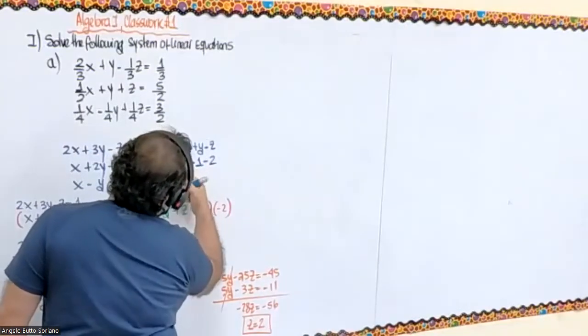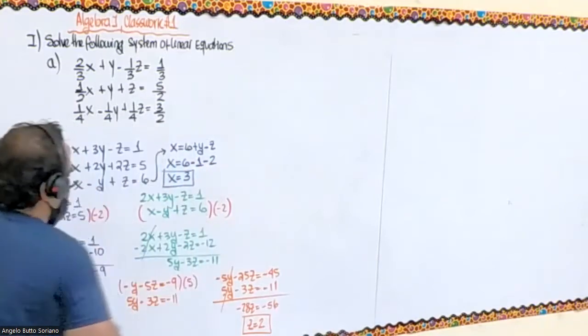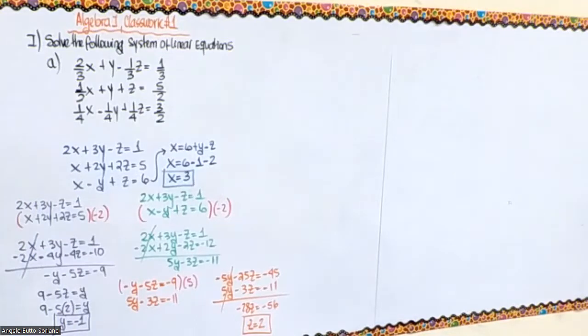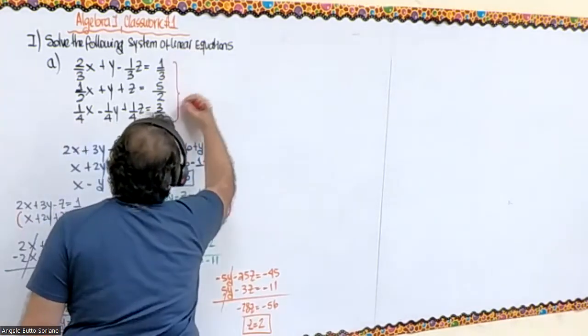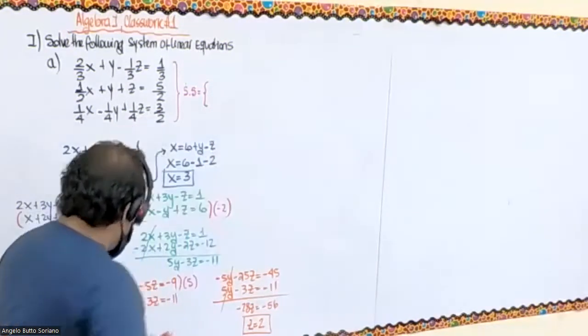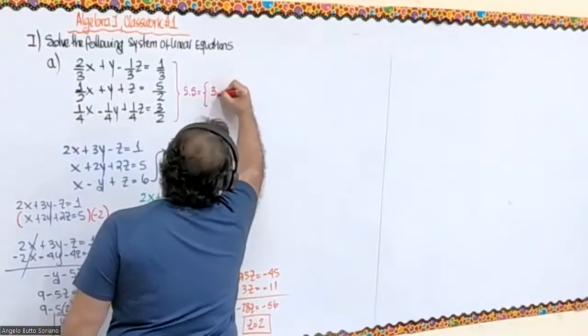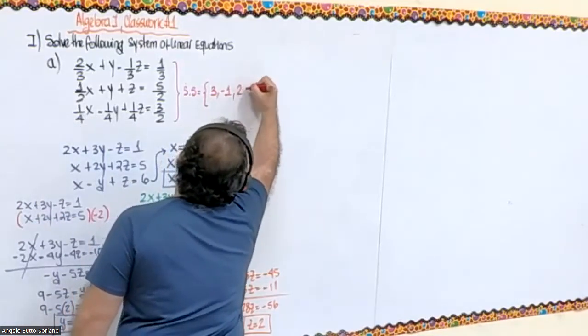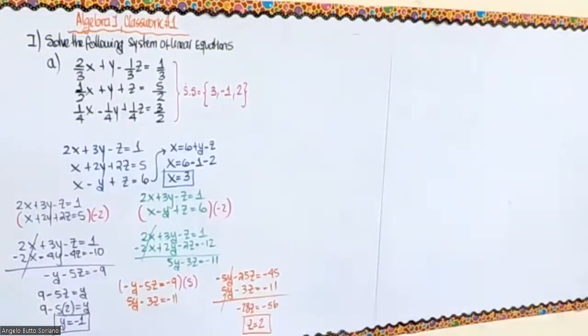So we can see 6 minus 1 is 5, minus 2 will be 3. In conclusion, my dear students, the solution set for this system of linear equations will be 3, -1, and 2. And that's it. That's all that we have to do in problem letter A.